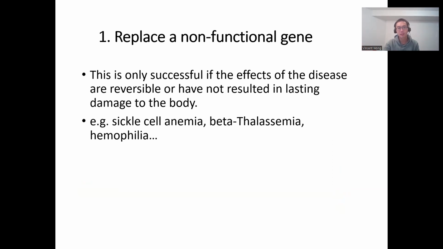Okay, so this is only successful if the effects of the disease are reversible or have not resulted in lasting damage to the body. Things like sickle cell anemia. Beta thalassemia, I told you before, that is caused by a nonsense mutation where a whole chunk of hemoglobin is missing. Hemophilia is a bleeding condition. People are missing what's called a clotting factor for you to stop bleeding.